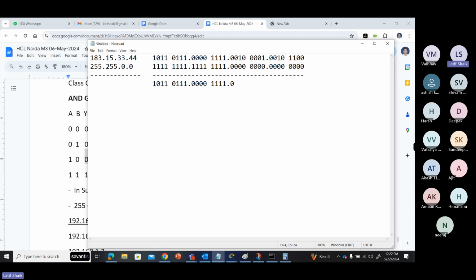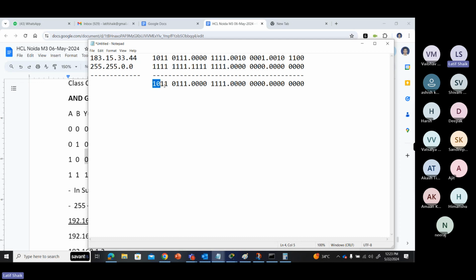Then 0, 0, again 0, 0, and the remaining bits are all zeros. Because one side is all zeros, whatsoever the other is, the output is zeros only.